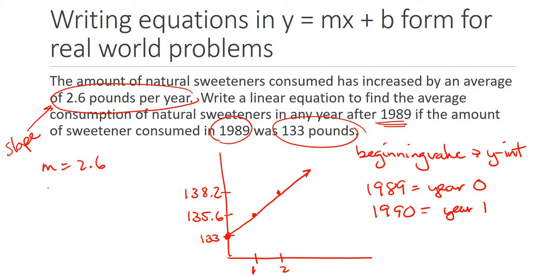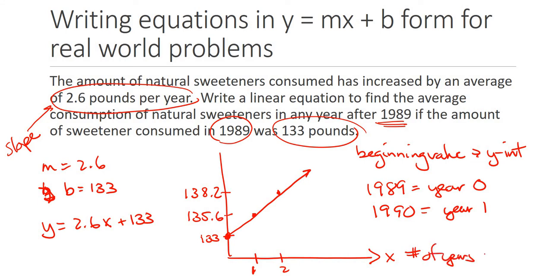My y-intercept, my b value, was 133. So my equation will be y equals 2.6x plus 133.